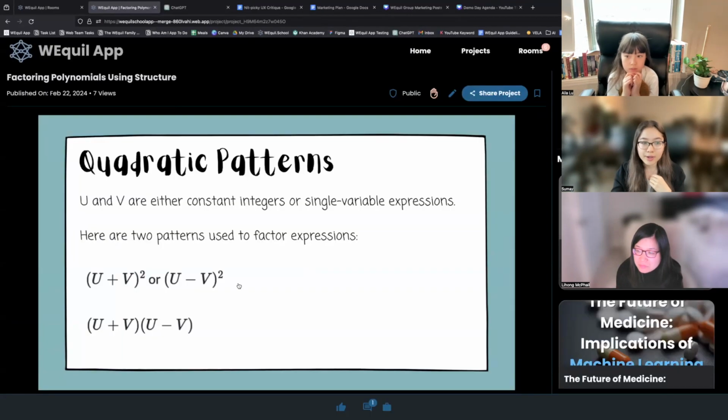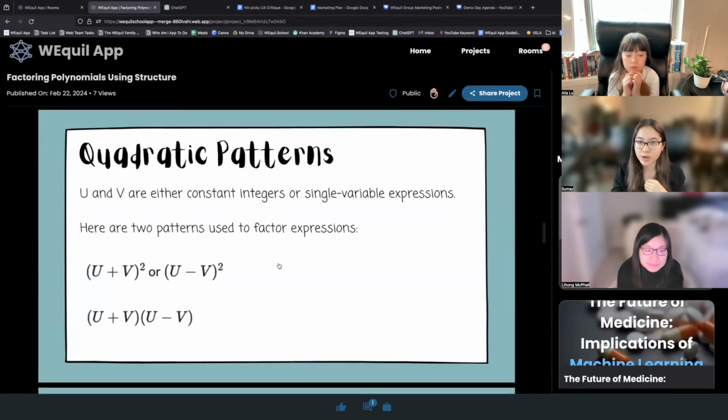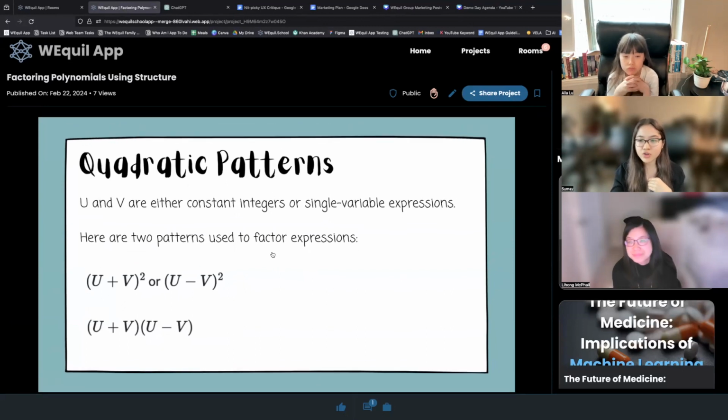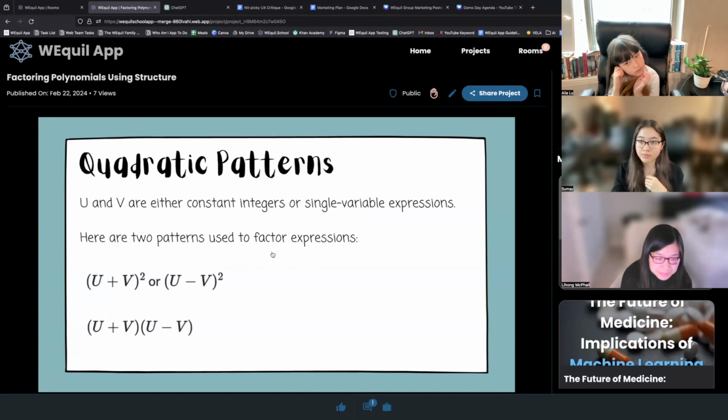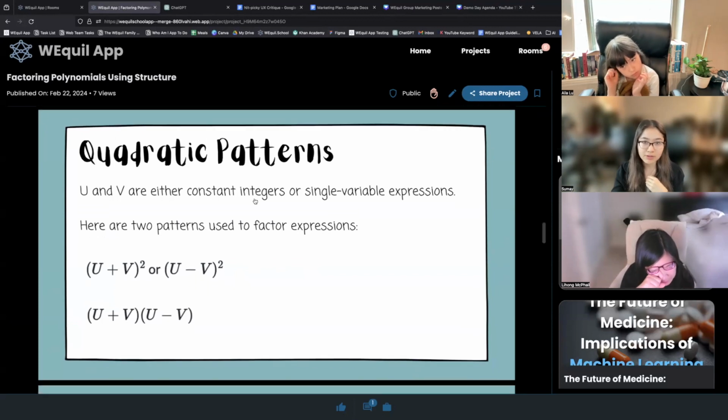And so we'll get into some examples later and it'll probably make more sense. But there are two commonly occurring patterns in quadratic equations that can help you factor your expressions more efficiently and identify the patterns. Basically, there are two of these.